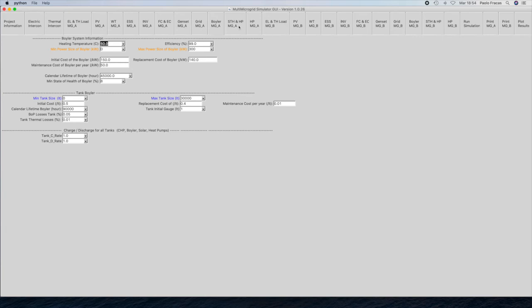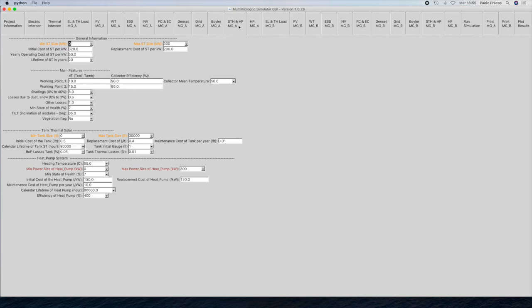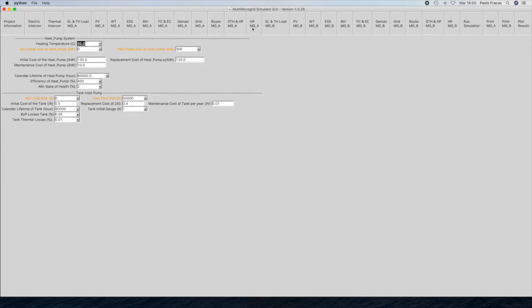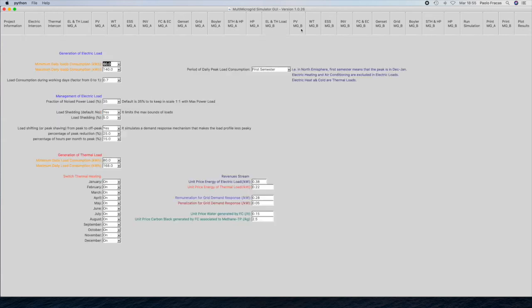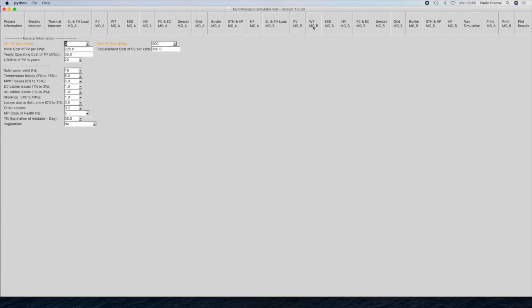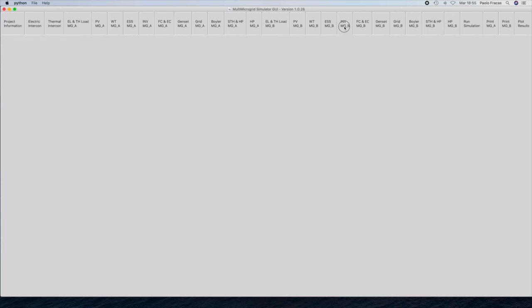We can do the same for the thermal solar collector here with the tank and associated heat pump. If only the heat pump operates in standalone mode, we can put the information here. The same data can be added for the microgrid B.